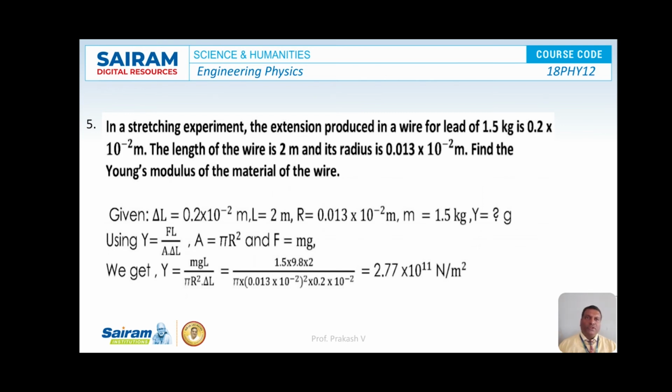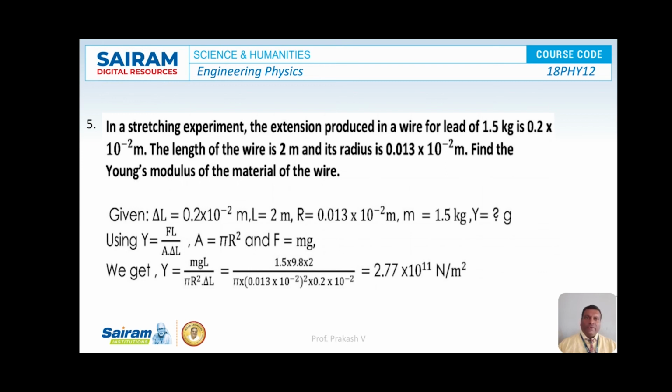Find the Young's modulus of the material of the wire. So according to the problem, the given data is delta L, that is the extension produced, equal to 0.2 into 10 to the power of minus 2 meter, L is equal to 2 meter, R is equal to 0.013 into 10 to the power of minus 2 meter, and M is equal to 1.5 kg. So what is the value of Young's modulus Y?